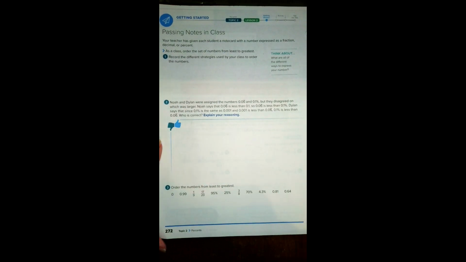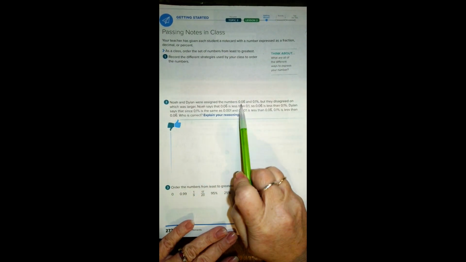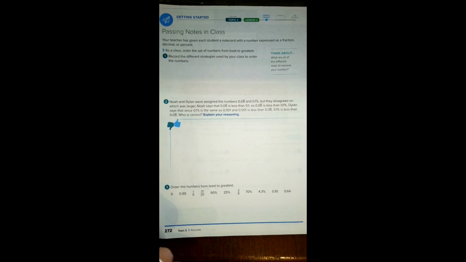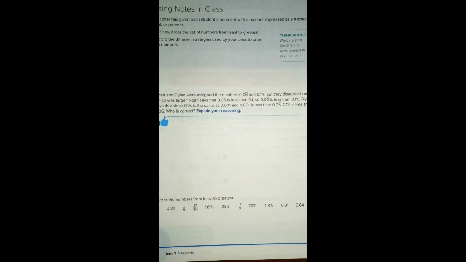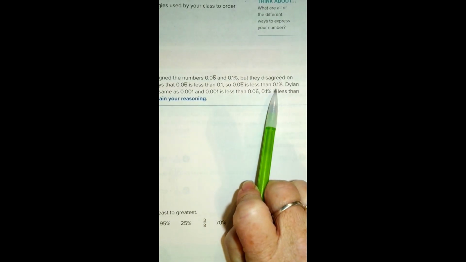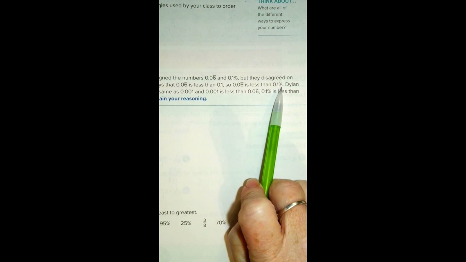Noah and Dylan were assigned the numbers 0.06 repeating and 0.1%, but they disagreed on which was larger. Noah says that 0.06 repeating is less than 0.1%.